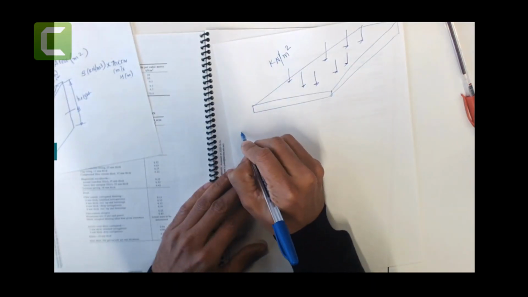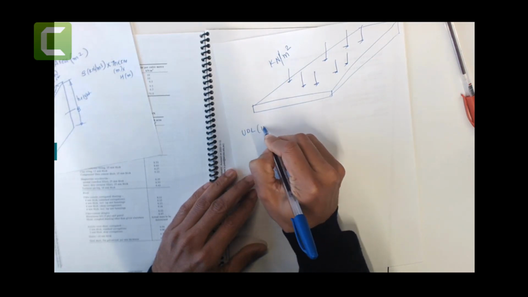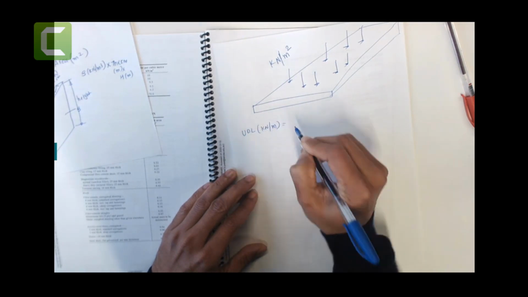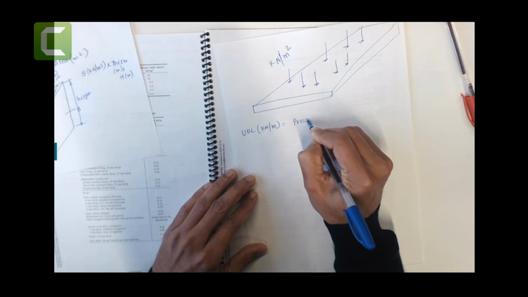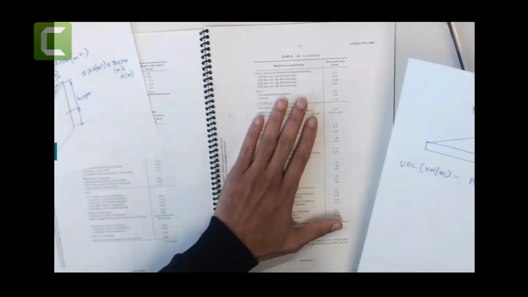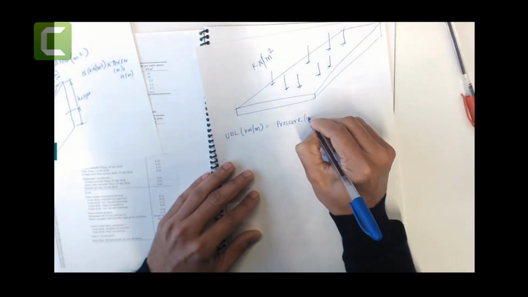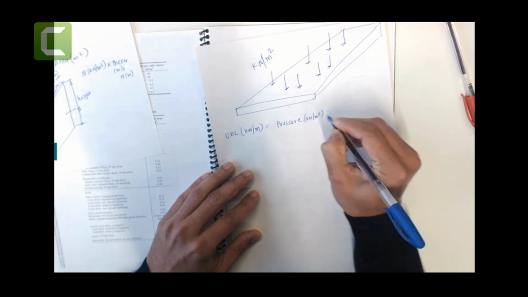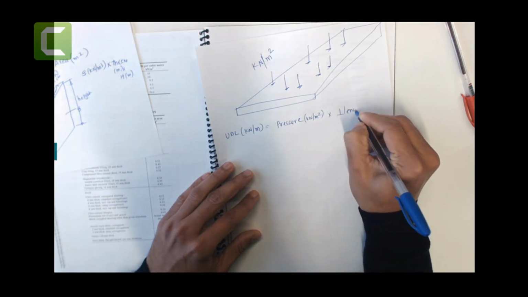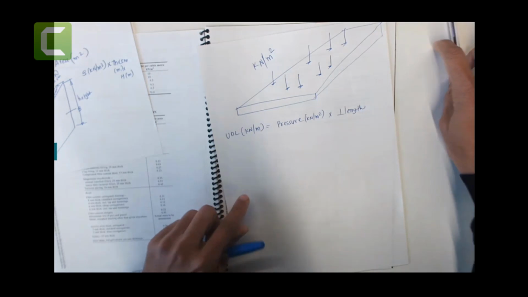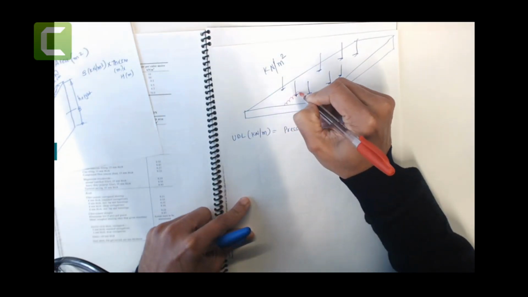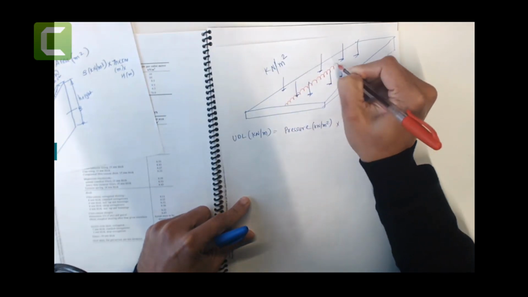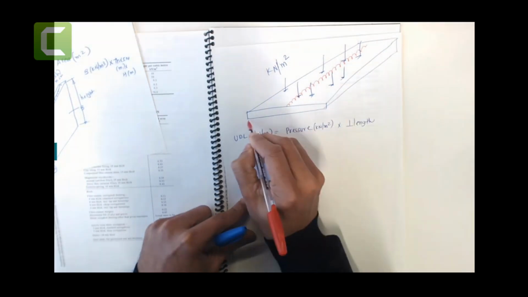But if a pressure is given to you and you want to convert pressure into kilonewton per meter, you take that pressure, kilonewton per meter square, times the perpendicular length. Perpendicular length means that if you want to calculate the UDL load due to these pressures, you multiply by this length.